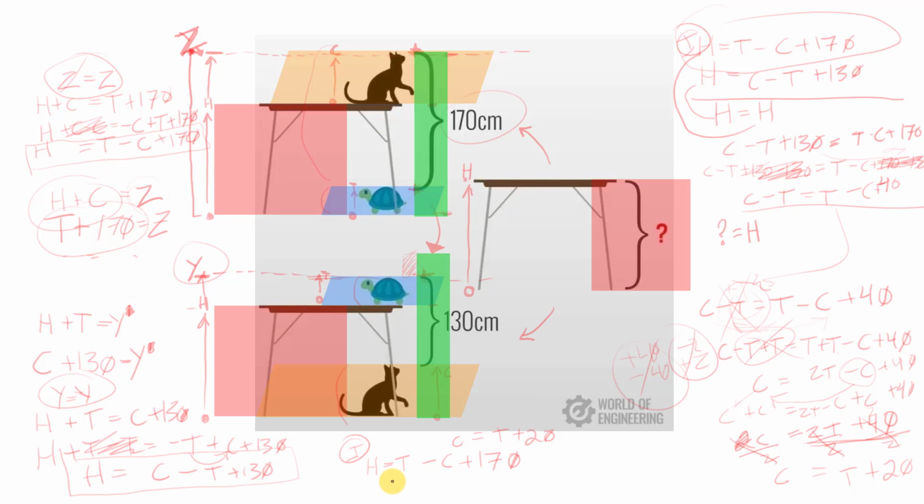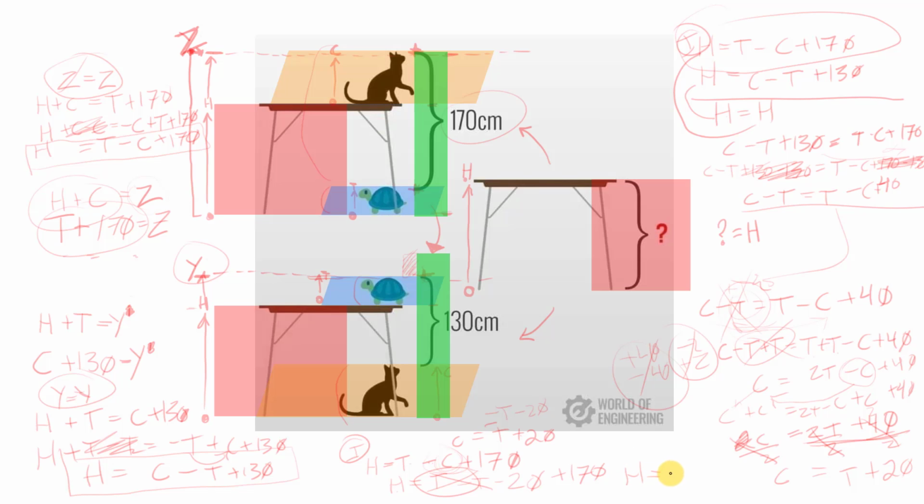So now, let's say h equals t minus whatever this value is. If we put a minus sign in front of a plus t, what's that? That's minus t. Put a minus sign in front of a plus 20, what's that? Minus 20. So h equals t minus t minus 20 plus 170. Let's get rid of t minus t.